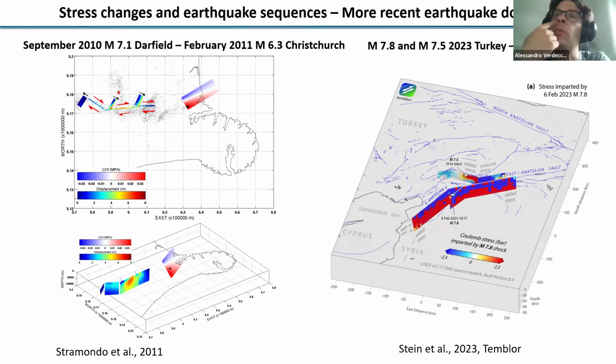And this is when we compare these values to, for example, the stress drop of large earthquakes that on average are around 30 bars or 3 megapascal. This is very little compared to those stress drop values. That means that those earthquakes had been triggered because those faults were already very close to failure and probably at the very end of their seismic cycle.